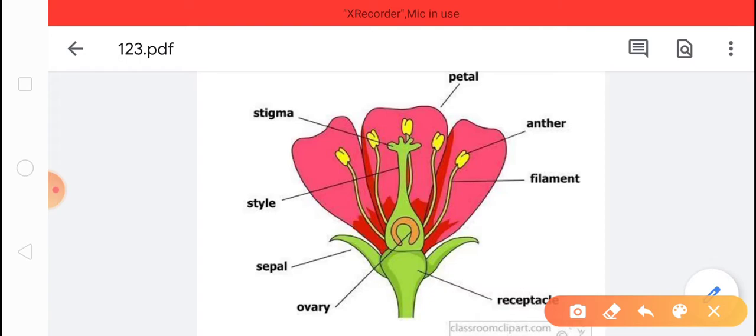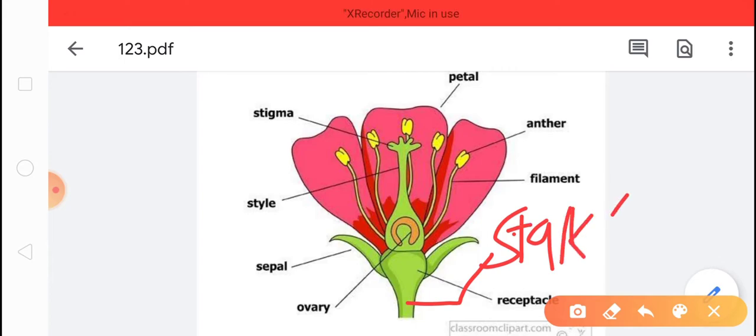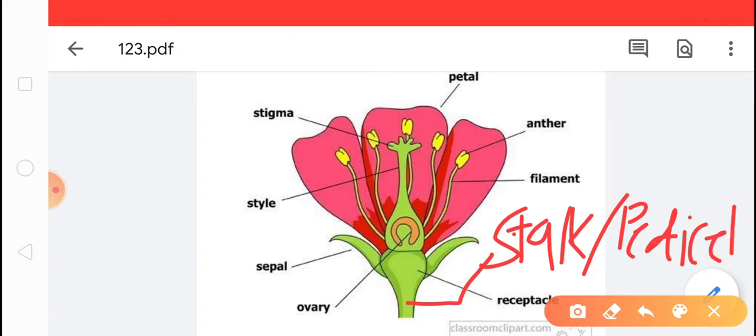A typical flower has a stalk, and that stalk of a flower is called the pedicel. The tip of the pedicel continues as an enlarged axis, and this enlarged axis is called the receptacle or thalamus.